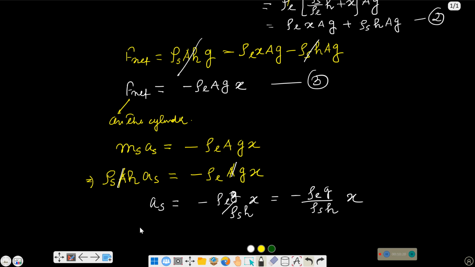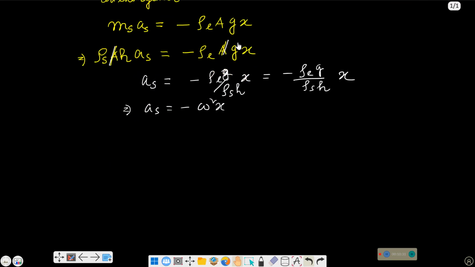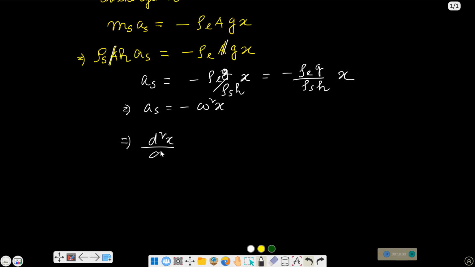Now you see this will take the form of a equal to minus omega square x. That means we can have d2x by dt2 plus omega square x equal to 0, which is the differential equation for the SHM.